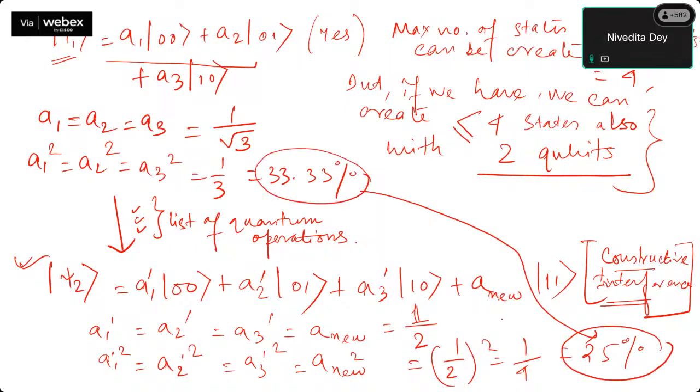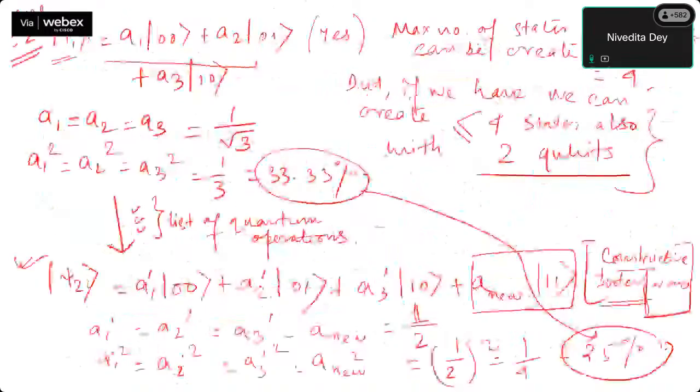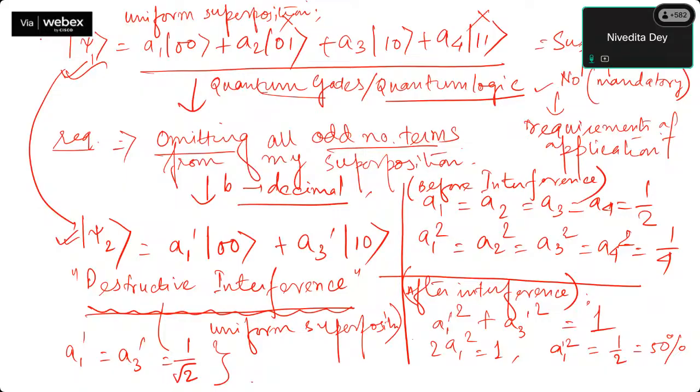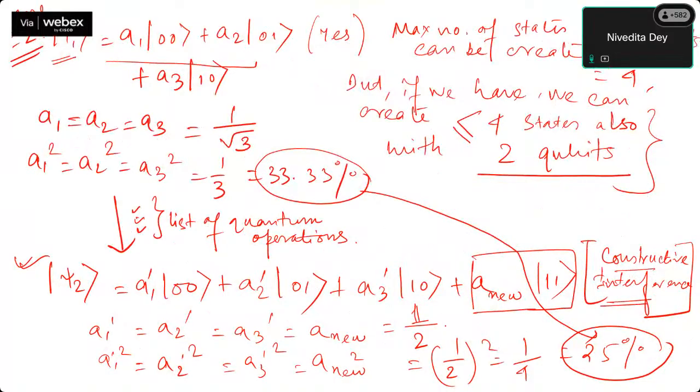So by increasing the number of states, we actually decrease the probability. So this is your case number 2, say. And your case number 1 was that by decreasing your number of states, you are actually increasing the probability. What was the initial probability here? It was 25%. So there is an increase in probability for destructive interference, and there is a decrease in probability for constructive interference.